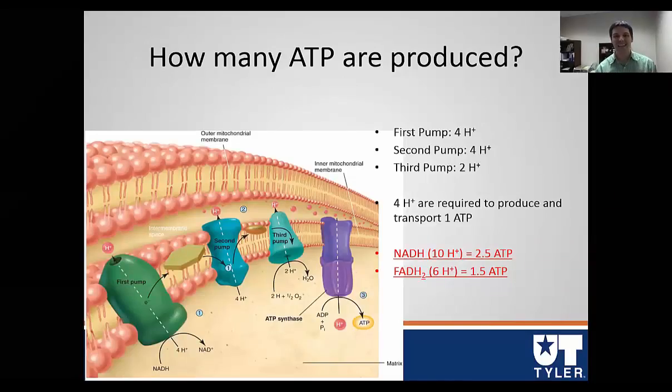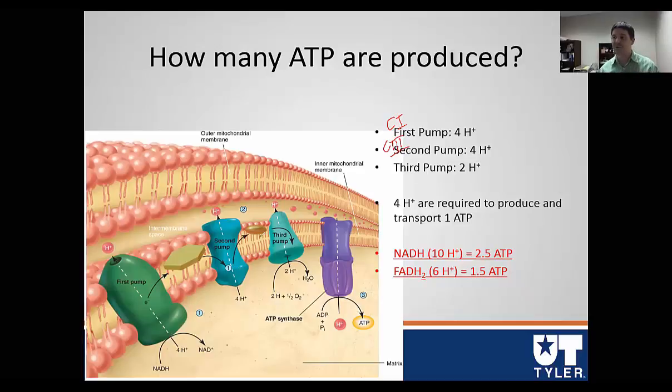So how many ATP then do we produce for each run of an NADH or FADH through the electron transport chain? So we can calculate that. First, through the first pump, which is complex 1, an NADH will pass its electron on and will pump 4 protons. The second pump, which is confusing, is actually complex 3.